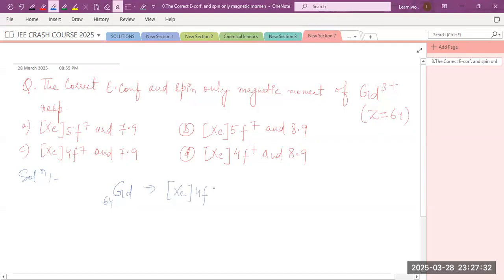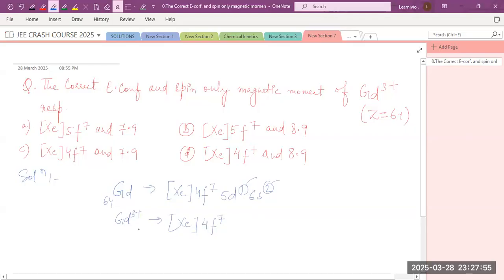And 4f7, 5d1, and 6s2. Now calculate it for Gd3+. Three electrons will be removed from here and here, and you will get xenon 4f7, 5d0.